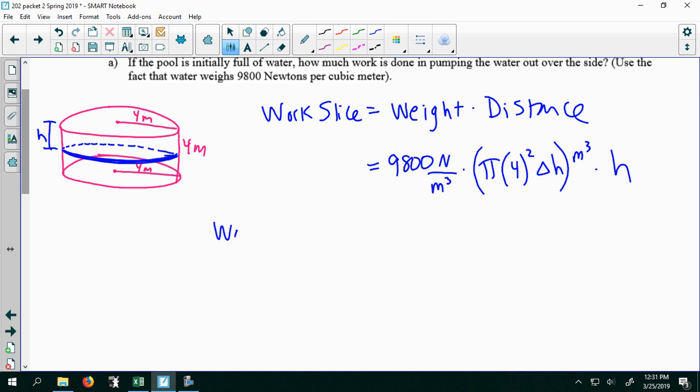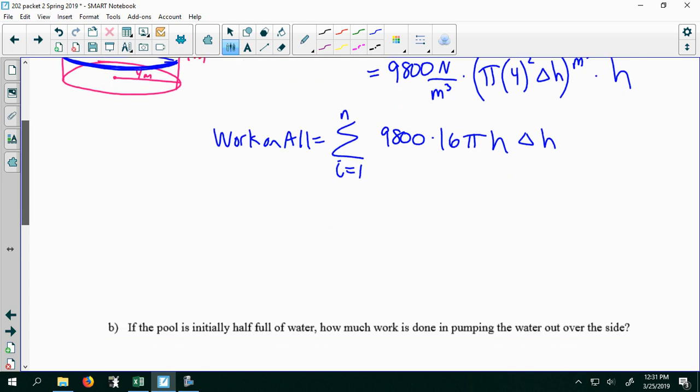The work done on all my slices is just a sum where I add these all up. I have 9,800 times 16 pi H delta H, and I'm going to add these up from 1 to n. And then my work exact is an integral.